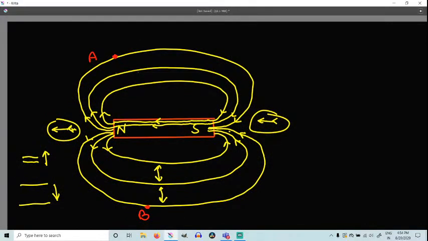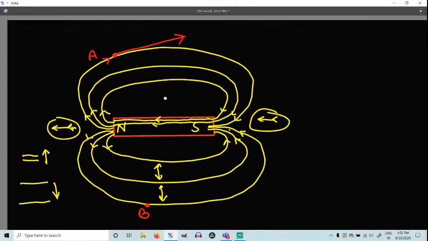They are circular, I said, so I can find the direction of the magnetic field at this point by drawing a tangent to the circular path. This tangent gives me the direction, and I'll always take it in the direction of the magnetic field line, which means from north to south, so the arrow will be pointing that side.